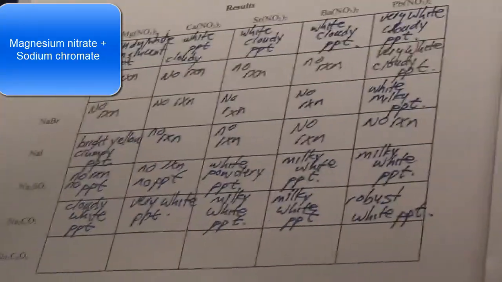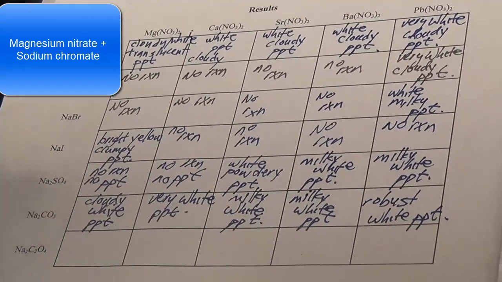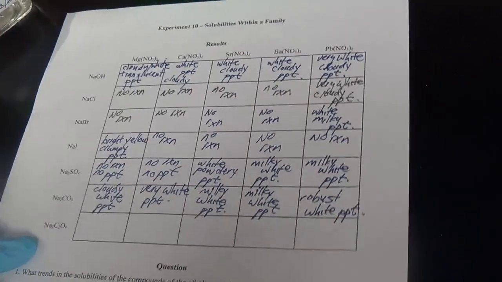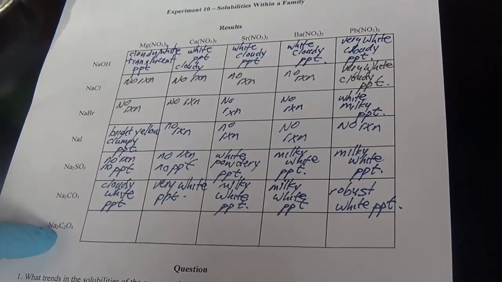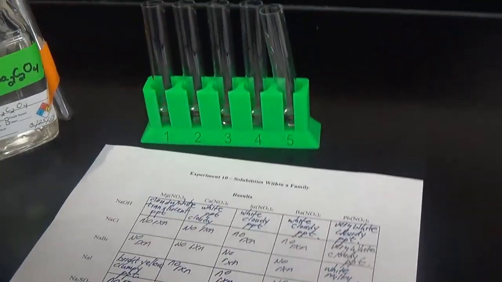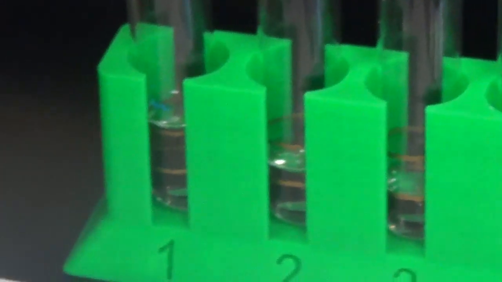All right, our final one here are chromates. This is sodium chromate, and let's let it react down the road. All right, chromates, sodium chromate with magnesium nitrate. Magnesium nitrate is test tube 1 here. And don't see much of a reaction here.